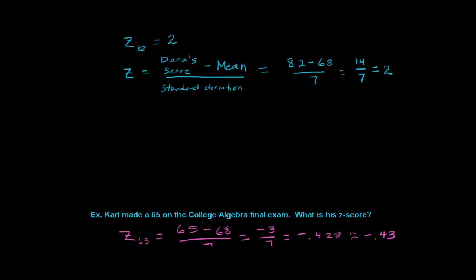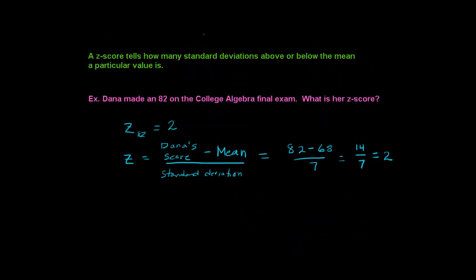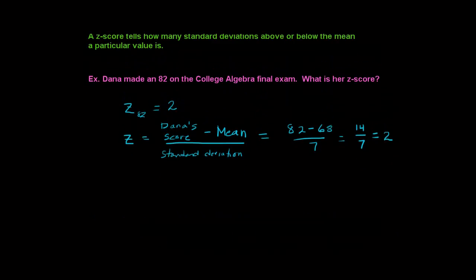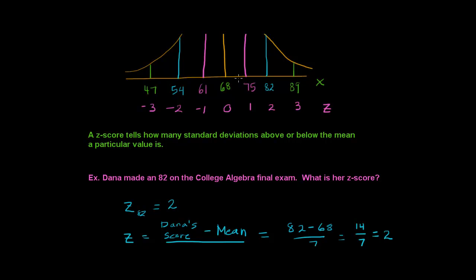However, you always follow the instructions on the particular problem you're working as to what the rounding is. So now we can see that Carl's score of 65 was negative 0.43. So he's not as far as negative 1, he's somewhere in here, at negative 0.43. That's where his 65 would be.